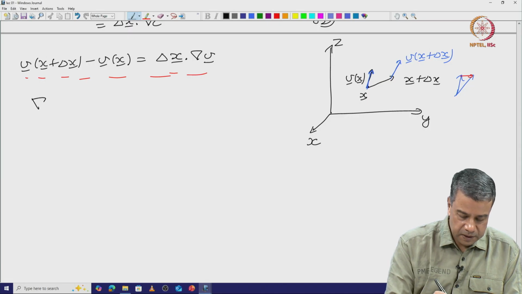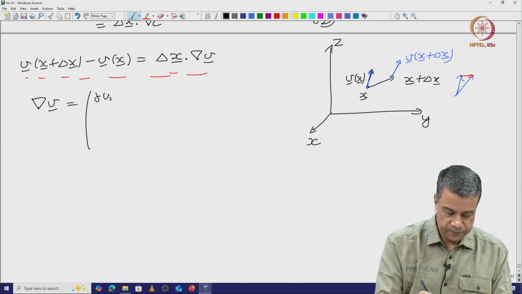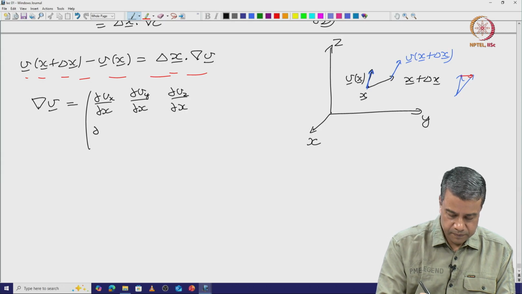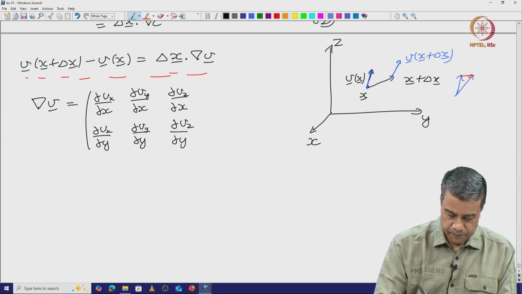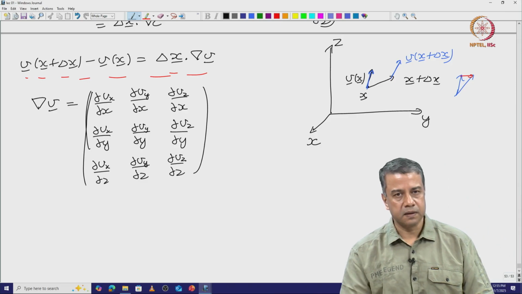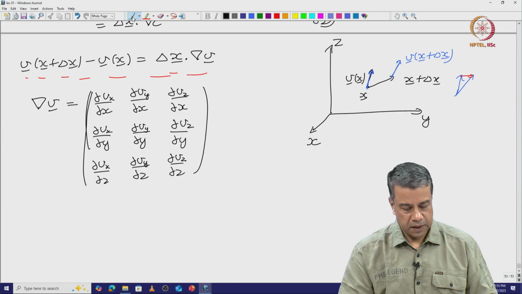So, this gradient in the velocity, a second order tensor, I will consider it as a matrix.